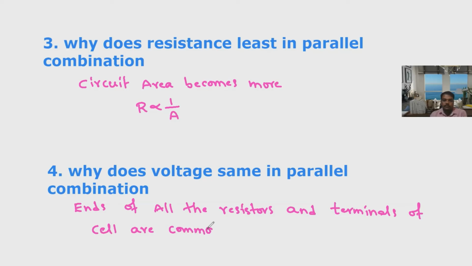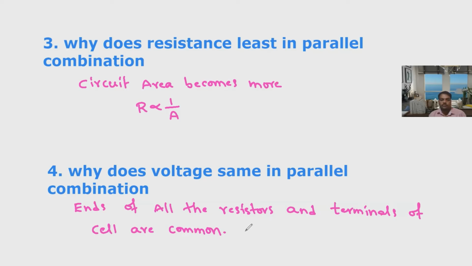I mean, in parallel combination, all the resistors are connected between two common points, and at those common points, the terminals of the cell are connected.